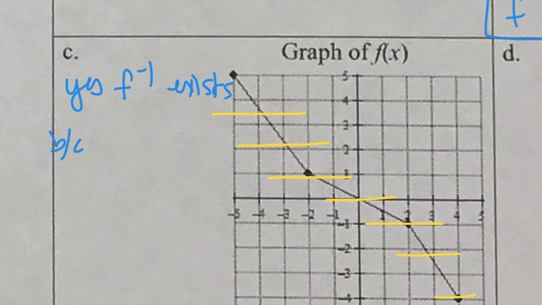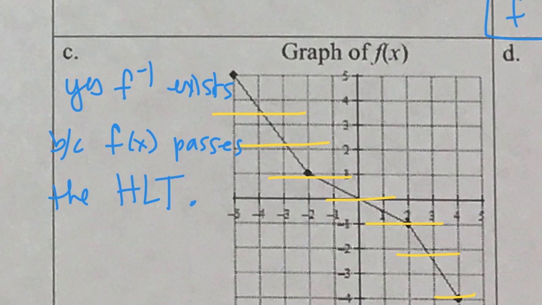Only once, because the graph of f of x passes the horizontal line test. We're going to use HLT to abbreviate horizontal line test. So the inverse does exist. The reason it exists is it passes the horizontal line test, so f of x is one-to-one. And all one-to-one functions have inverses that are also functions.